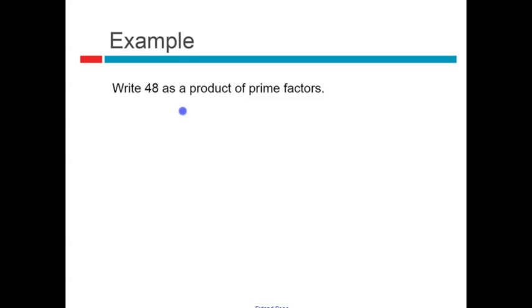If I start off with 48 and I want the prime factors, I see that 48 is an even number, so 2 is a factor. What number do I multiply by 2 to get 48? Well, 2 goes into 48 24 times.